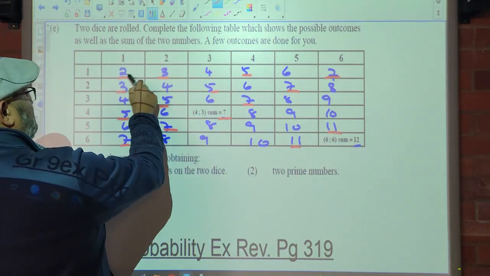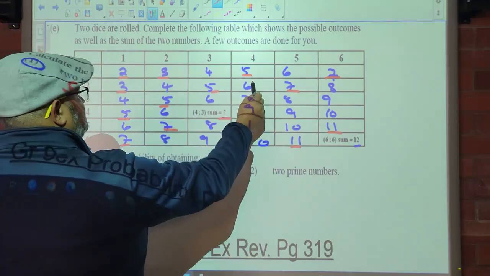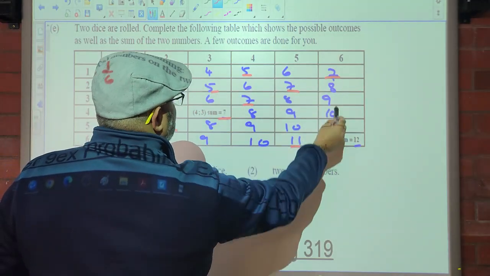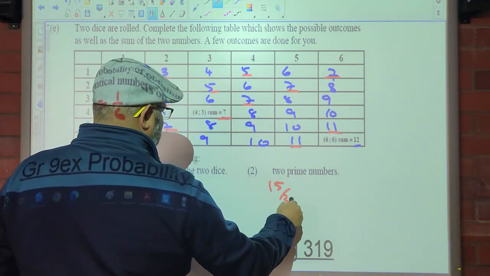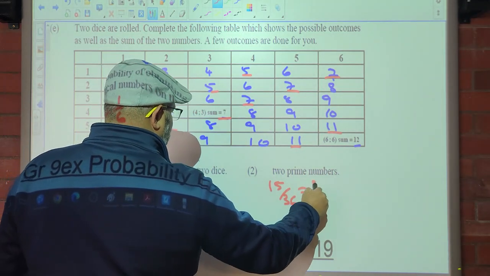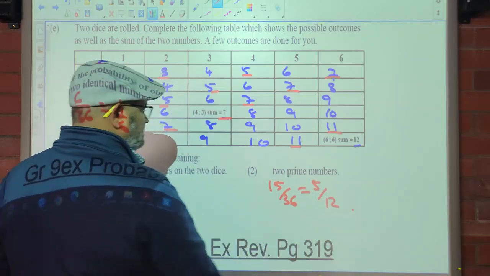So it's 1, 2, 3, 4, 5, 6, 7, 8, 9, 10, 11, 12, 13, 14, 15. Is that correct? 15 out of 36. Of course, it will give you 5 over 12.